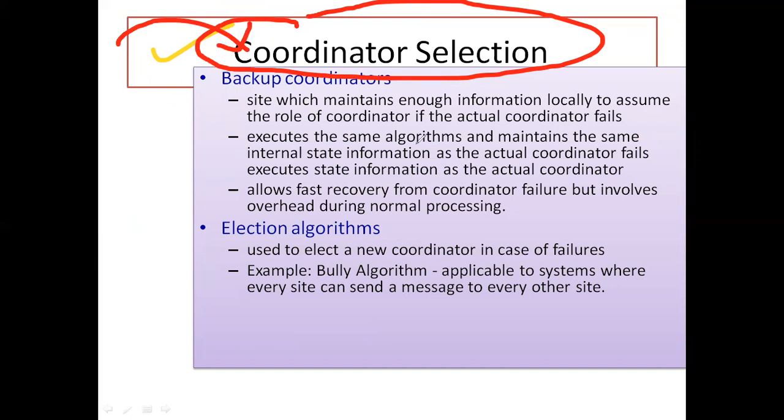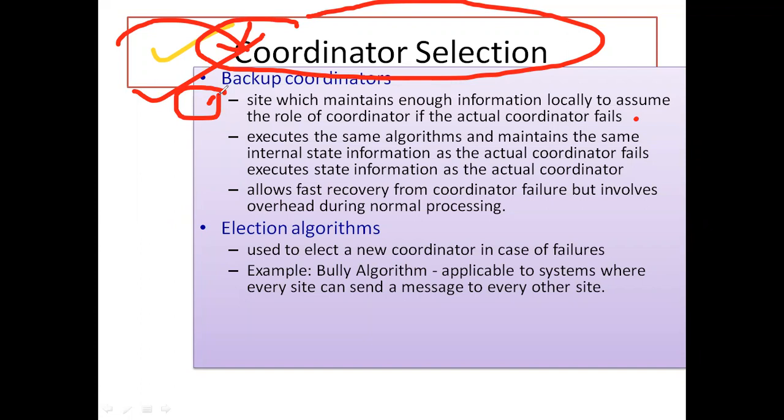Now, what about that coordinator selection? Backup coordinator sites which maintain enough information locally to assume the role of coordinator if the actual coordinator fails. First point. हम क्या बात कर रहे हैं? We are talking about how to select that particular coordinator.